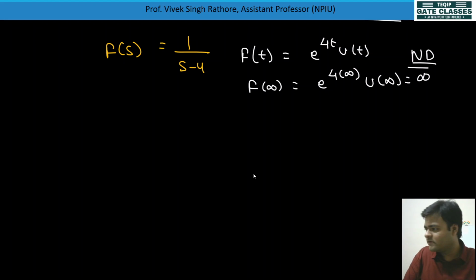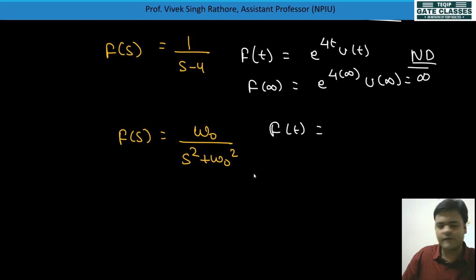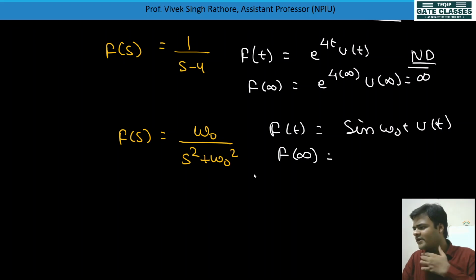Now if f of s is given, let's suppose, omega naught by s square plus omega naught square, its f of t will be sine of omega naught t u of t. If I ask you f of infinite value, what will you tell, sir?